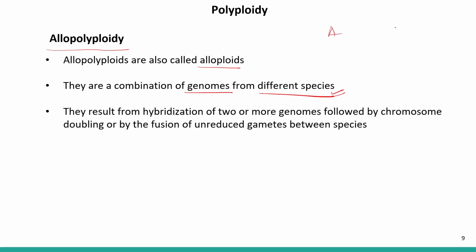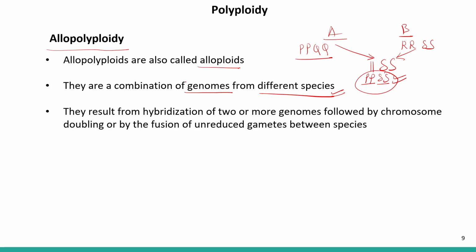Suppose we have two different species, A and B, each with some set of chromosomes. Species A has PP and QQ, and species B has RR and SS. So in the new species we will have PP and SS.